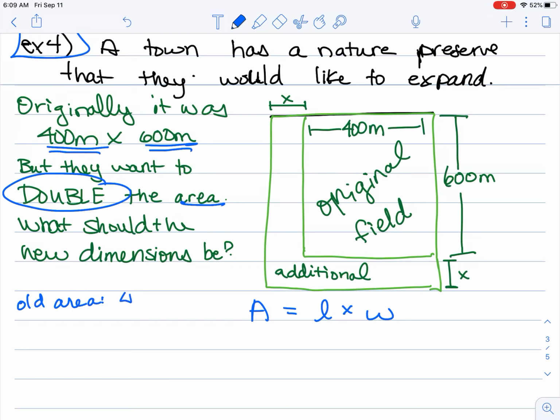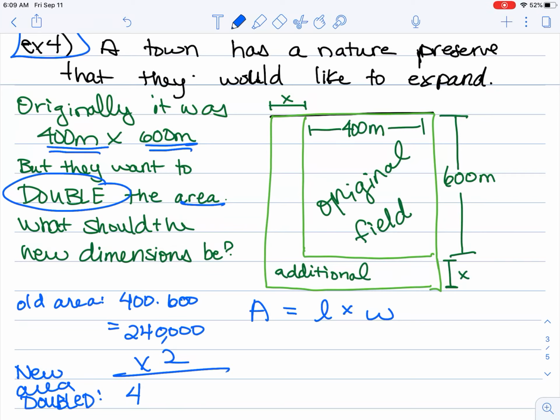The old area was 400 times 600, which is 240,000, okay? If we want our new area to be doubled, we're just gonna multiply that by 2, and we get 480,000. So we want our new area to be this, okay? So that's what we're gonna plug in right here.